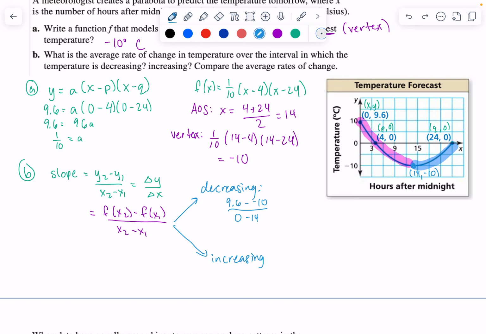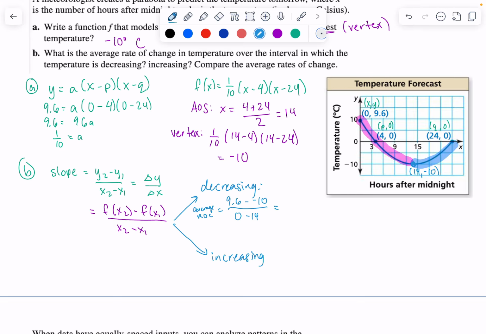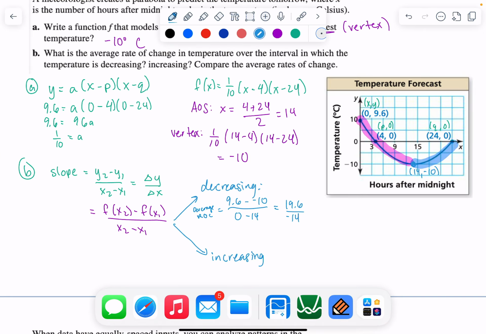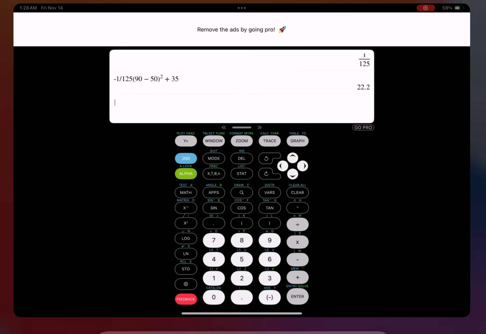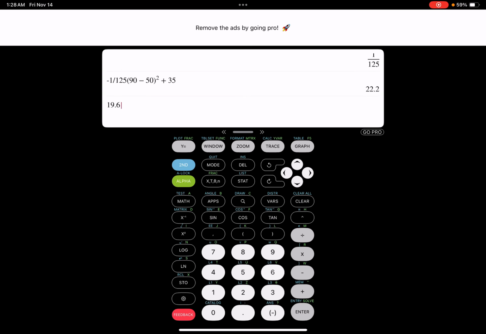Let's call it the average rate of change. Okay, so that's going to be 9.6 plus 10, so 19.6 divided by negative 14. Gives us negative 1.4.